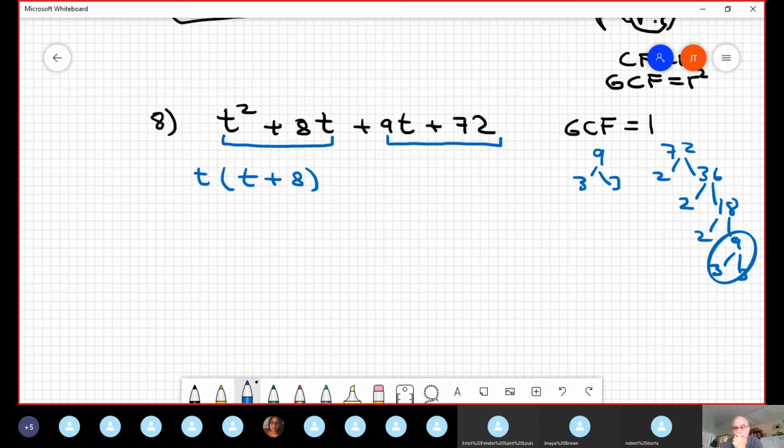Look at that. It is a common factor, so it is 9. I factor out 9. T plus A. Wow, fantastic. Look at that.